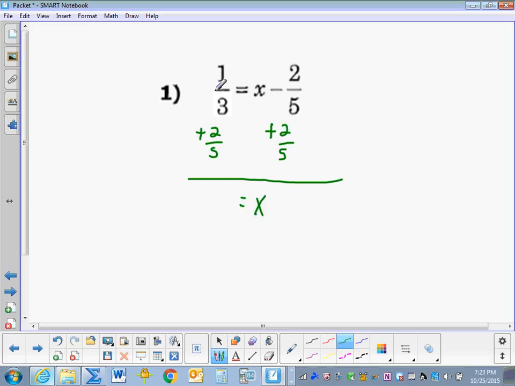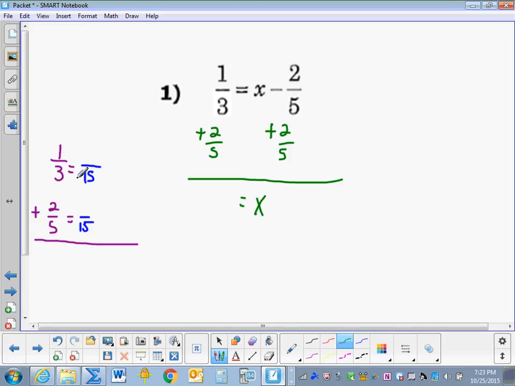So now we have to add 1/3 and 2/5. So let's remember how we add fractions. We need a common denominator, 1/3 and 2/5. So let's just multiply the two denominators together. 3 times 5 is 15. So the common denominator is going to be 15. So now I need to calculate what the numerators are.